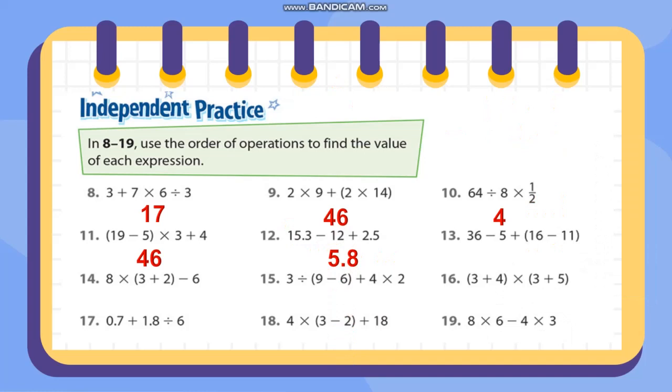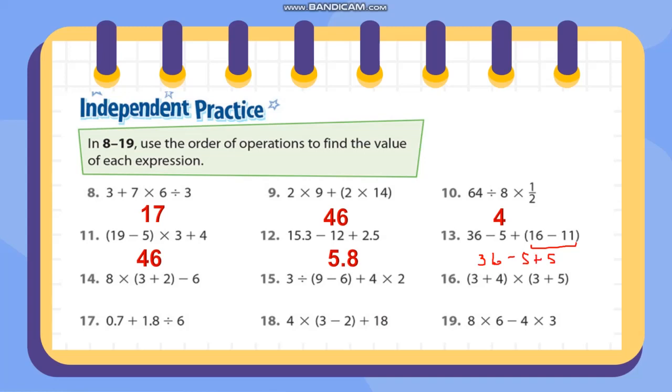Next question, question number 13. 36 minus 5 plus the parentheses 16 minus 11. By applying the PEMDAS rule, we need to evaluate first what is inside the parentheses. So 16 minus 11 is 5. Then I copy the remaining: 36 minus 5 plus 5.